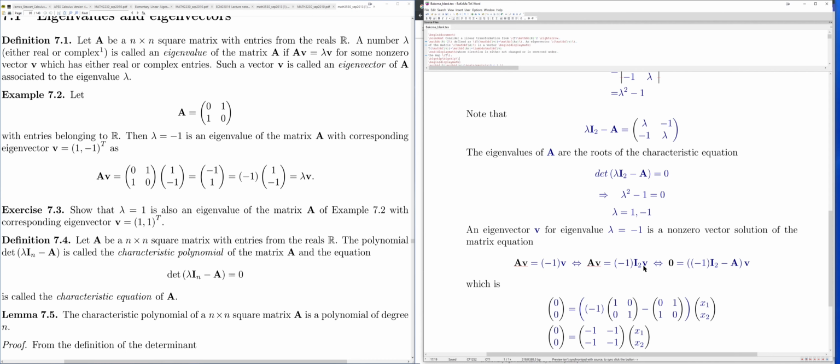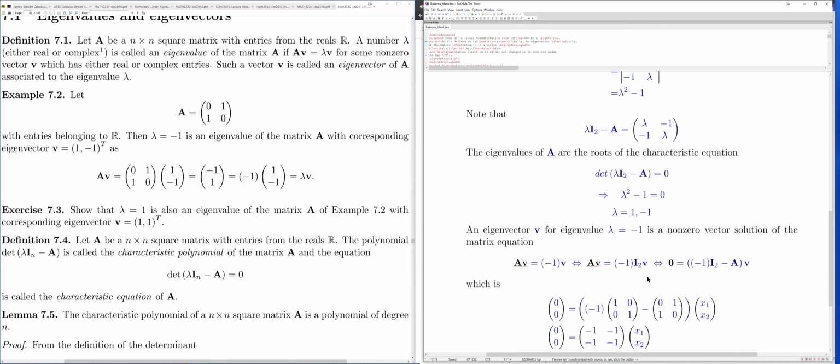In this case, more precisely, the vector is v, so the identity matrix times the vector will just give me back my vector. So I write this v as identity times v, and what I do now is bring this Av over onto the right-hand side and factor out the v.